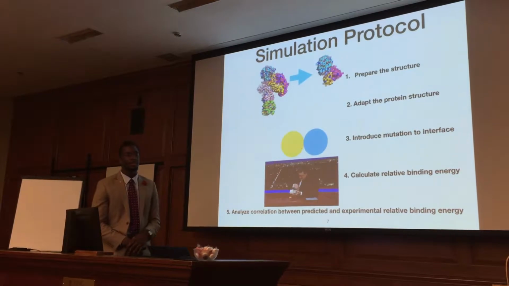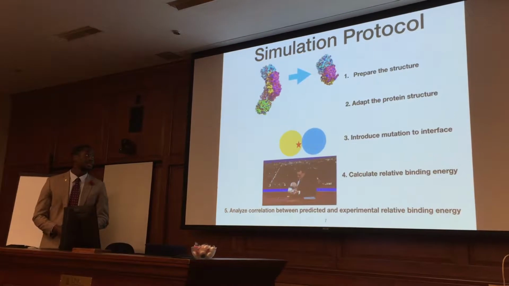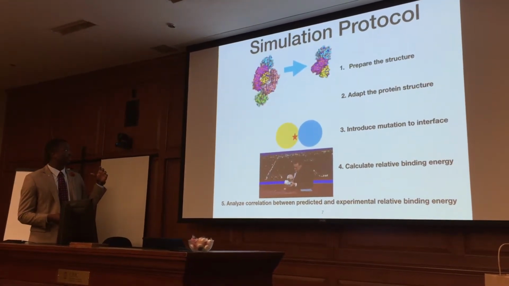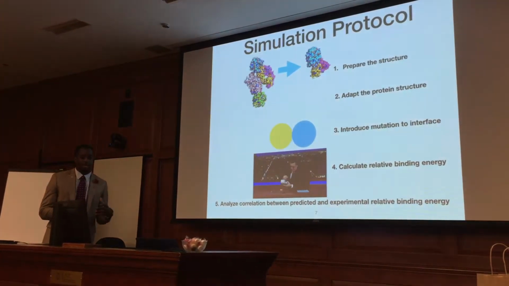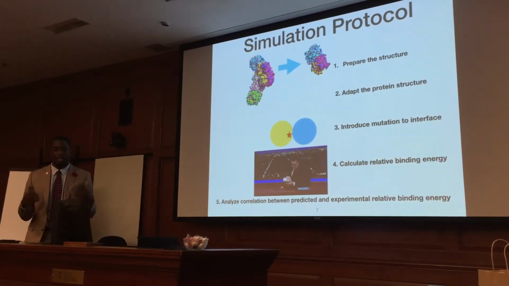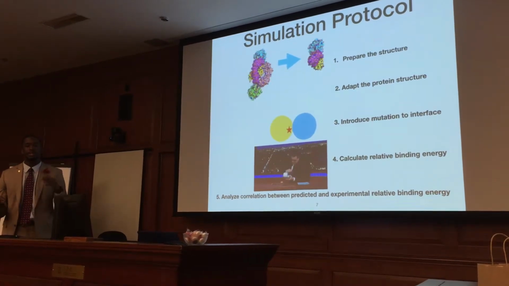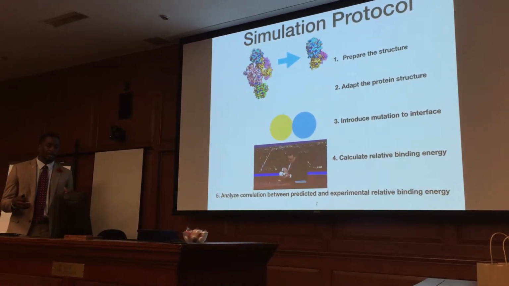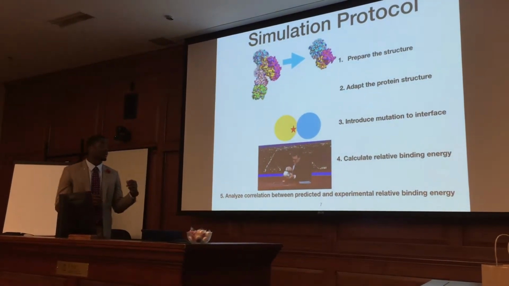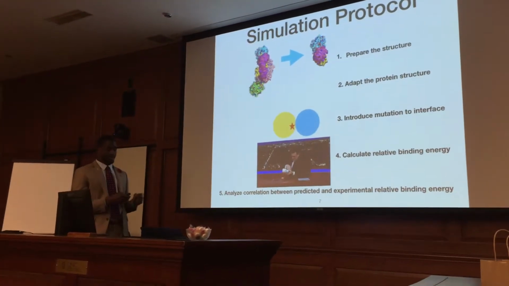So just to give you a sense of the pipeline I used to simulate these huge structures, the first step in this protocol is, say we have a protein structure that has 7 or 8 different protein domains that constitute the entire structure. Well, we don't need the entire protein structure to simulate what we see when we introduce a mutation at the interface.